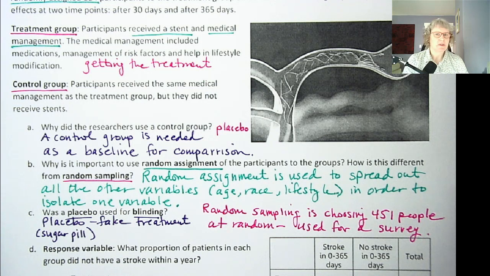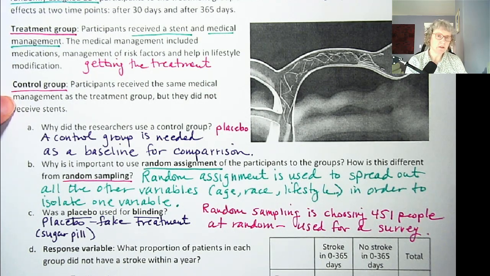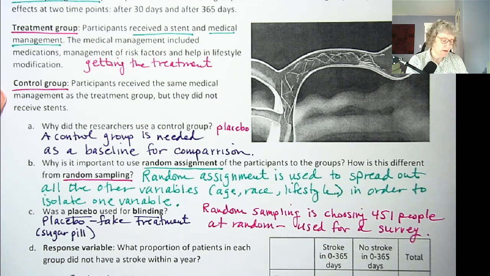Now, how do you do this when you're talking about a stent? You're not going to have a fake surgery or a fake medical device. So I believe that's where the medical management comes in. Both groups are getting the medical management, and the control group is getting the medical management. So they are getting some assistance. And so it depends how the study is phrased, and there's a lot of ethics around this, right?